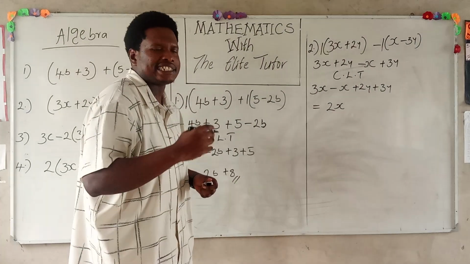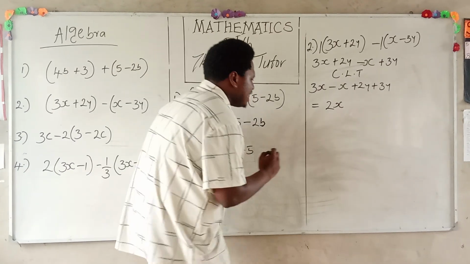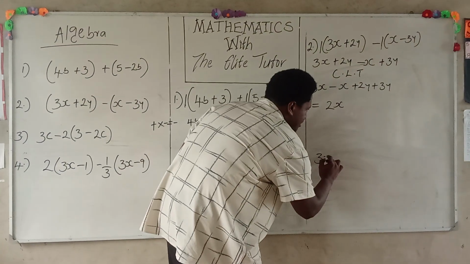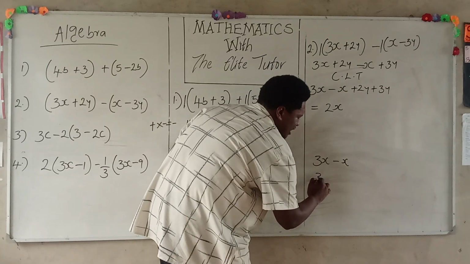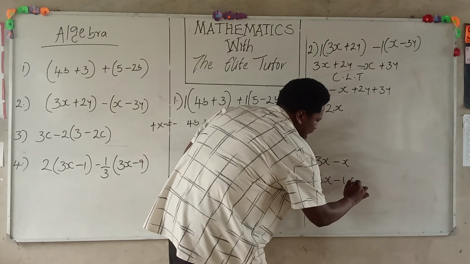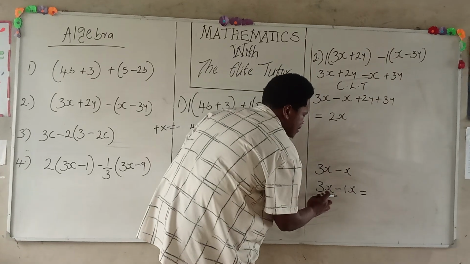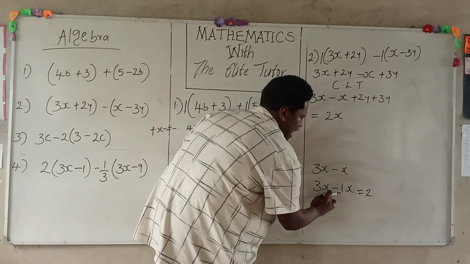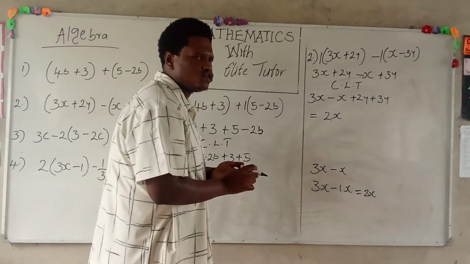Let's not assume, because at Elite Tutors, we take algebra step by step. When I say 3x minus x, this is the same thing as 3x minus 1x. Why? The coefficient of x is 1. And then 3 minus 1 is 2. And then I bring my x. So that's how I arrive at 2x.